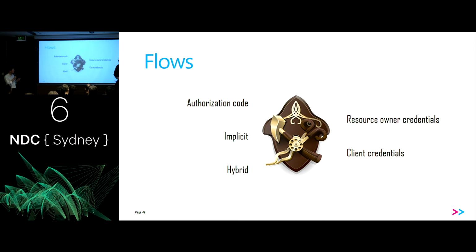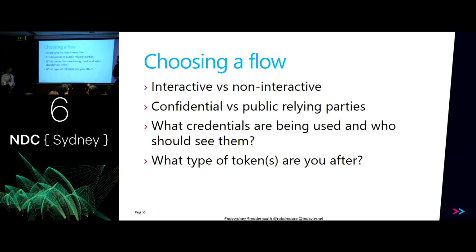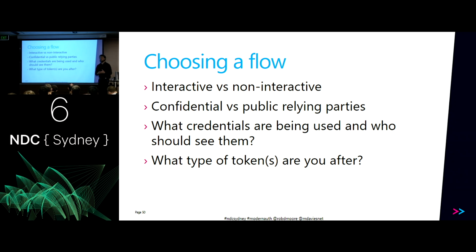Okay, so the last thing to talk about with OpenID Connect are the different flows. So when you're choosing a flow, there's a few different things you need to make decisions on. You need to figure out if you want an interactive or a non-interactive flow. So that's basically, is the user involved or is it some kind of server-to-server communication? You need to figure out if you need a confidential versus a public relying party.